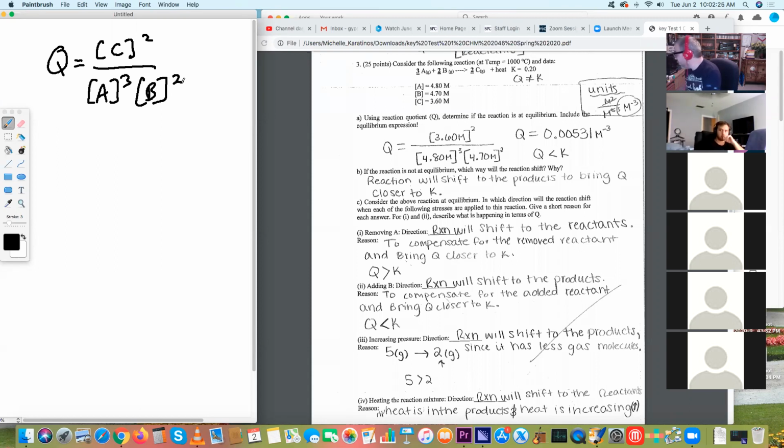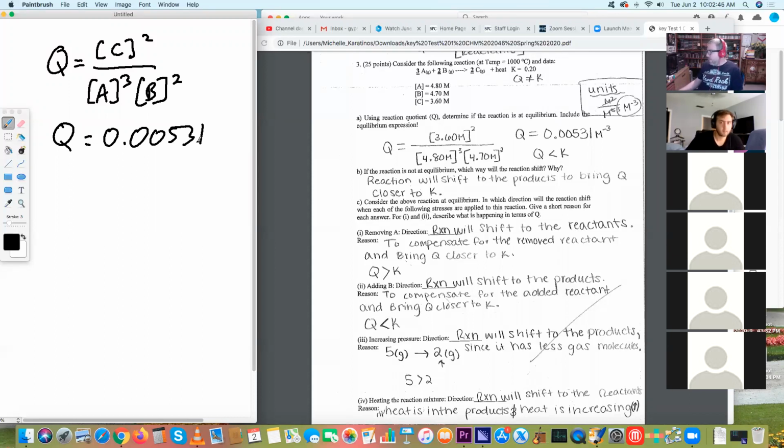Then in order to get that Q value, which comes out to be 0.00531, and it's optional to include the units on big K. So sometimes we do, sometimes we don't. This student happened to. We don't need to include it.